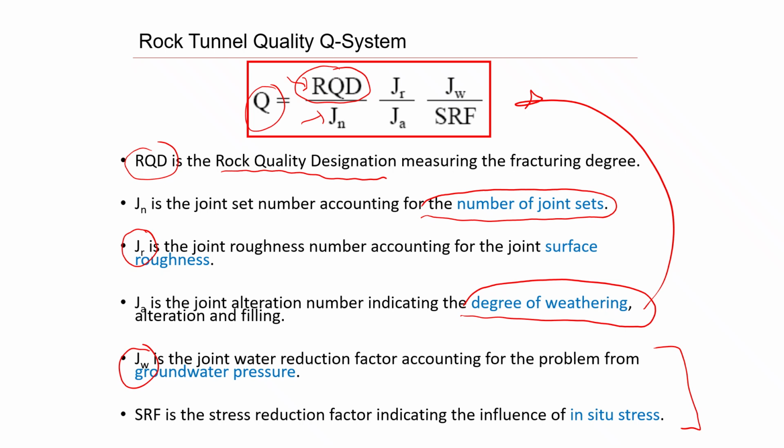It affects the stability of the rock mass, especially water pressure. Another important factor is called SRF, the stress reduction factor. This shows the in situ stresses affecting the rock mass.